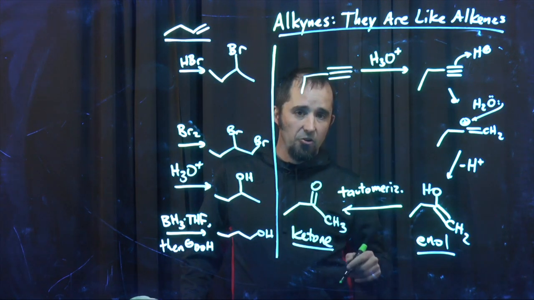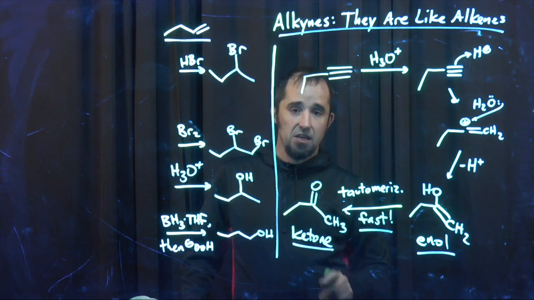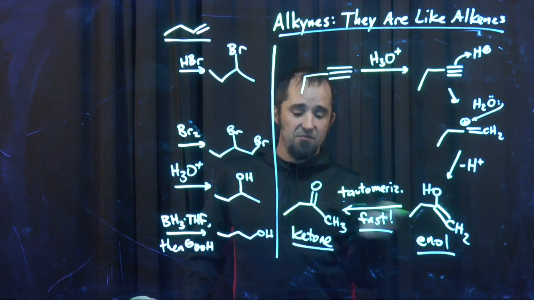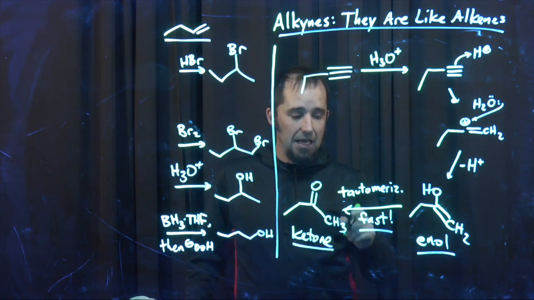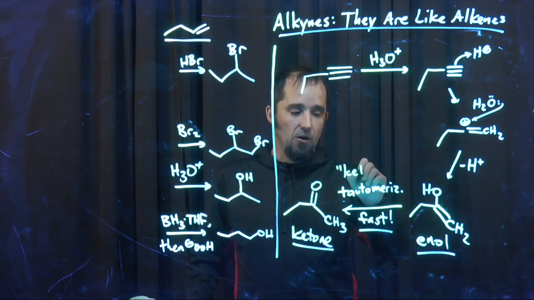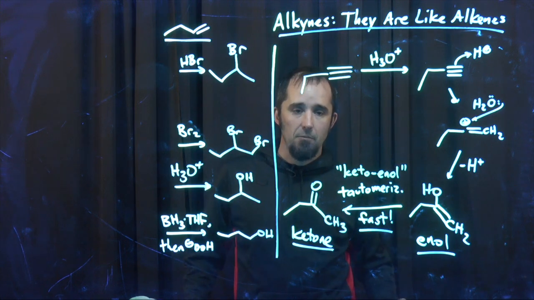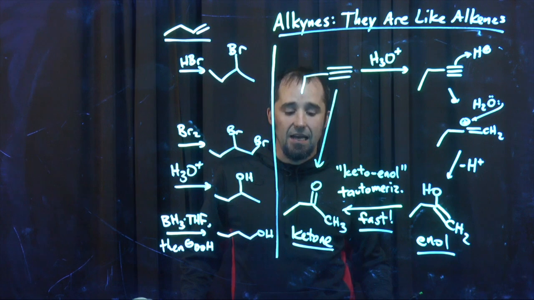This enol undergoes very fast tautomerization to give a ketone. This is technically an equilibrium, but the equilibrium lies very, very far to the ketone side. Sometimes this particular tautomerism is called a keto-enol isomerization, for obvious reasons.